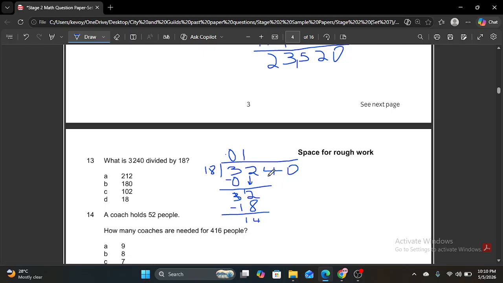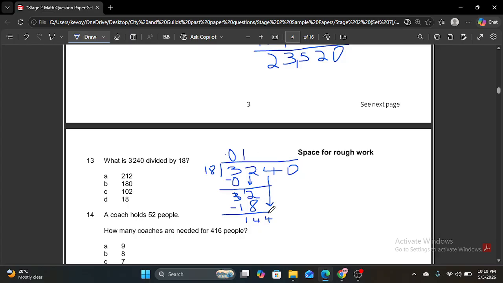After you subtract, always bring down. When you bring down, you have 144. So after you bring down, you always repeat when multiplying. Now you just ask yourself, how many times can I divide 144 by 18?